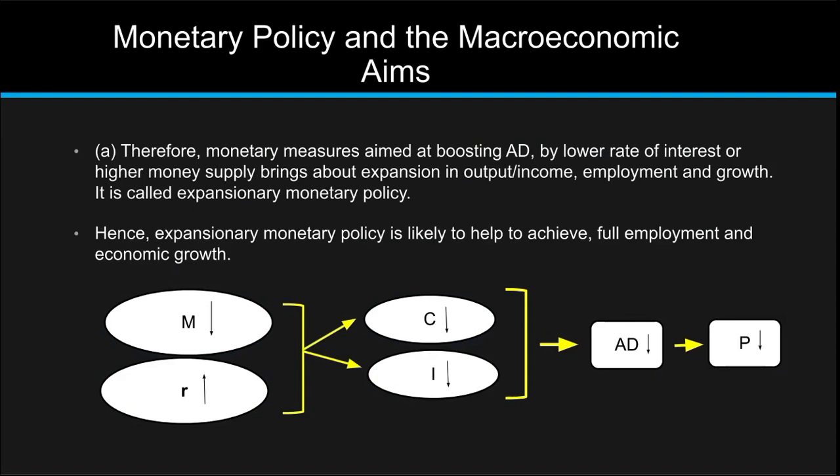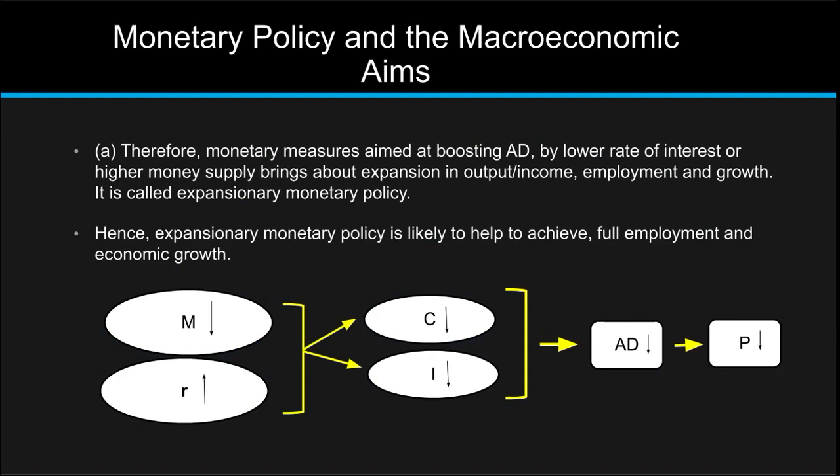This is because as the rate of interest is higher, the cost of borrowing becomes more expensive. Therefore, fewer consumers and producers will take loans from the commercial banks. Hence, there will be less consumption of consumer durables and fewer business investments.